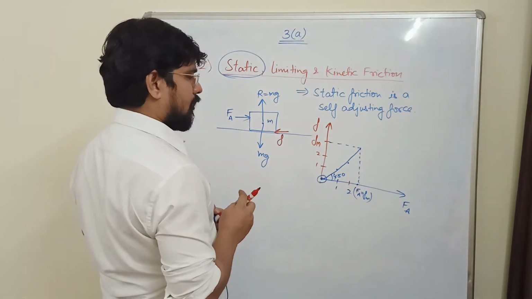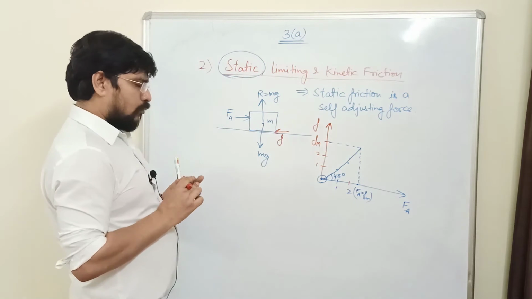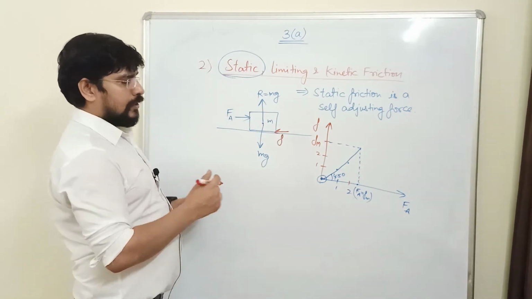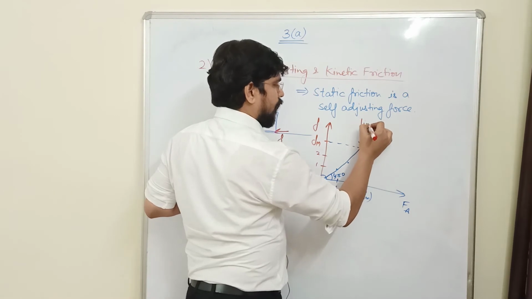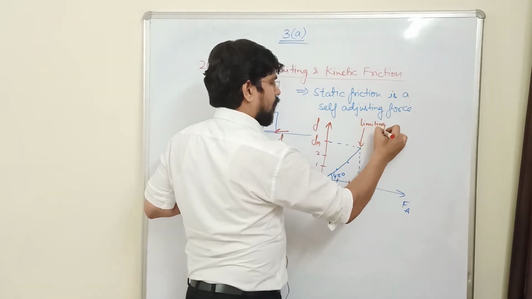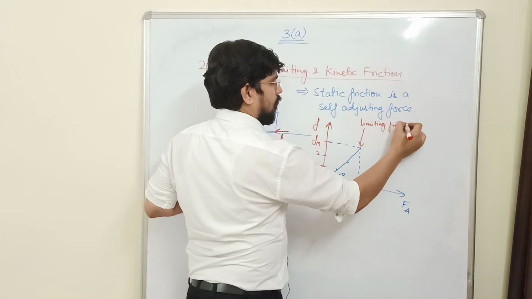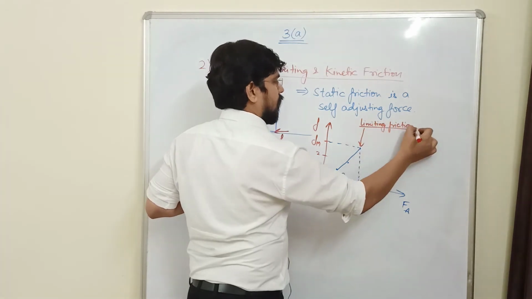What will happen beyond this point when your applied force becomes equal to the maximum force of friction? This maximum value is known as limiting friction, the limiting force of friction.